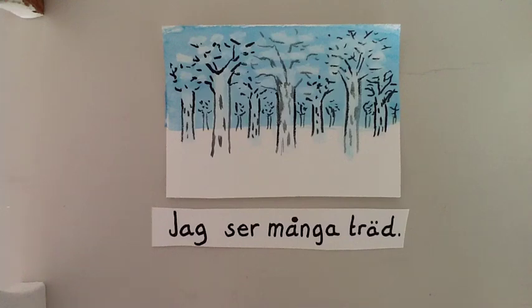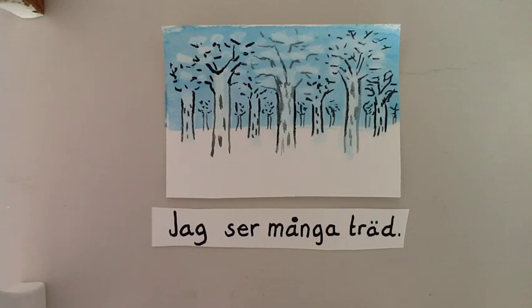So you say ett träd, många träd, if they don't end with a vowel, because then you just add an n after that. But all these three words end in a consonant. So jag ser många träd. I see many trees.